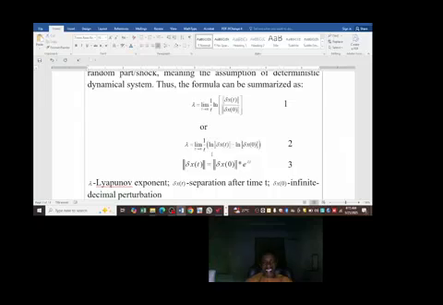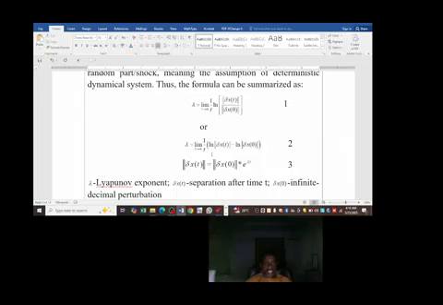Let me repeat that. Your lambda is your Lyapunov exponent, which I've just explained as the measure of divergence or convergence between two trajectories. It measures how two trajectories will go apart, or whether there is a possibility of converging. The delta x_t is the separation after time t, that is, the change in the system after a specific period.